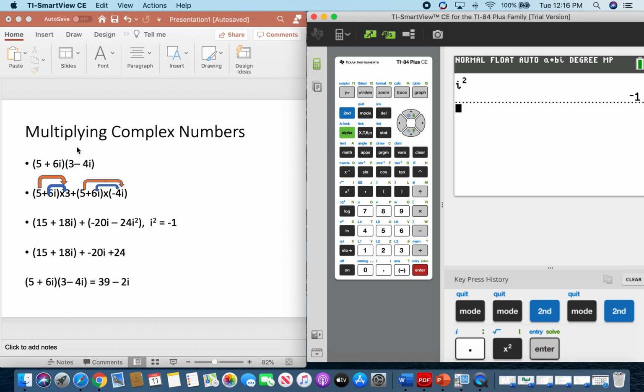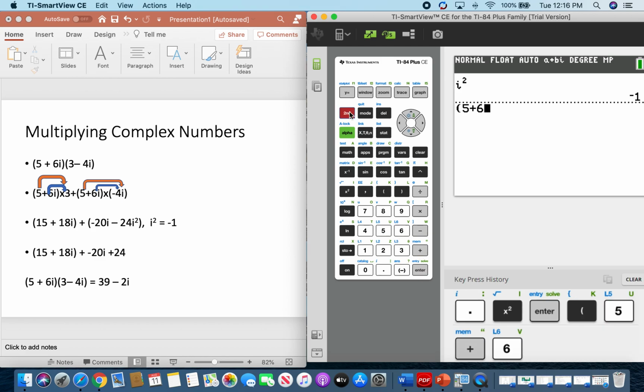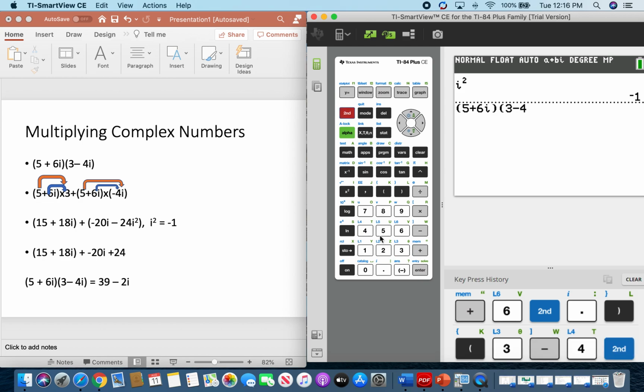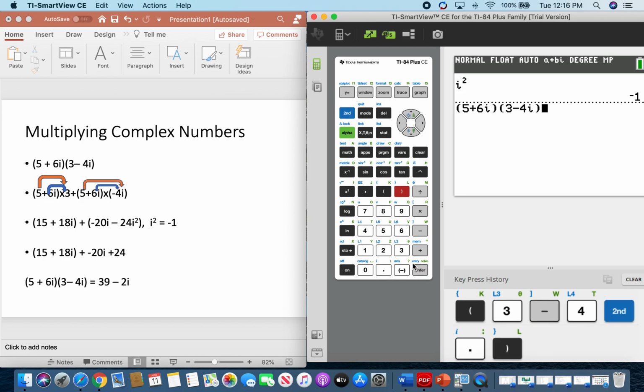So all you have to do is input this in the calculator by pressing parentheses 5 plus 6 second decimal, close parentheses, open the parentheses, 3 minus 4 second decimal, and close it. You will notice that our answer is the same.